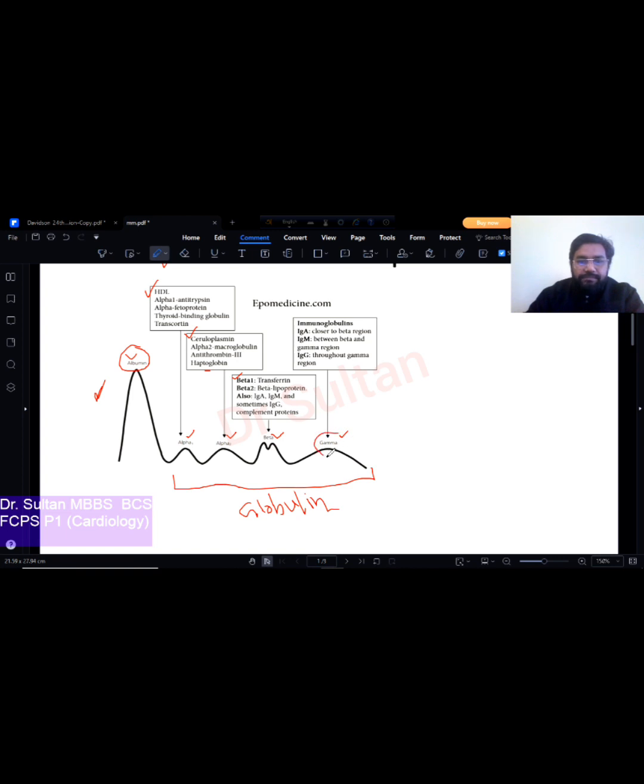On the gamma globulin segment, you see the immunoglobulins: IgA closer to the beta region, IgM between the beta and gamma region, and IgG throughout the gamma region. These are the components of the different proteins shown in this figure. The waves you see here are the normal interpretation, so the albumin wave is higher than the others.